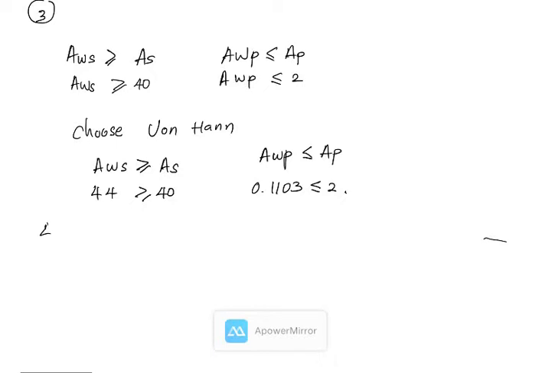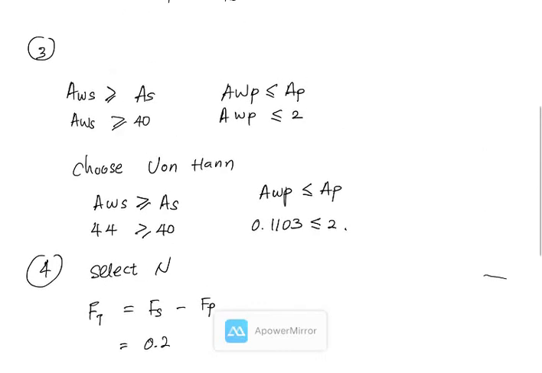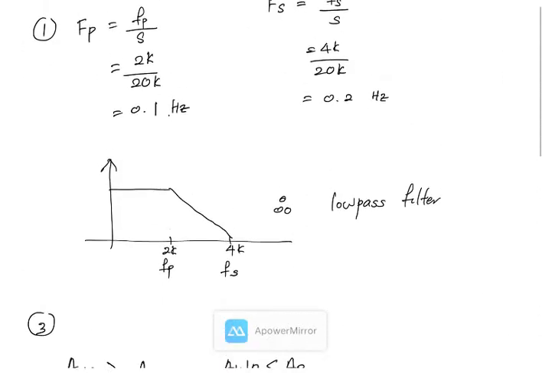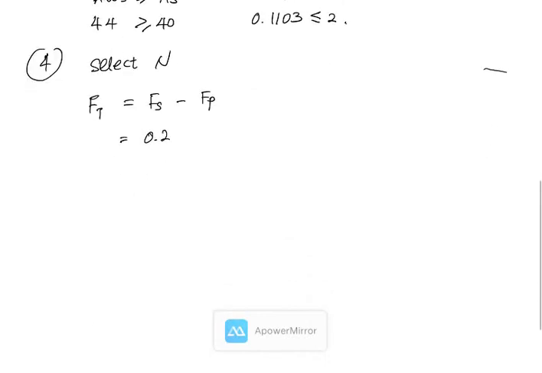Next step is to select the N. So Ft, the transition width, equal to Fs minus Fp. Fs is 0.2 from the calculation, and also Fp from the calculation is 0.1. So I obtain 0.1.